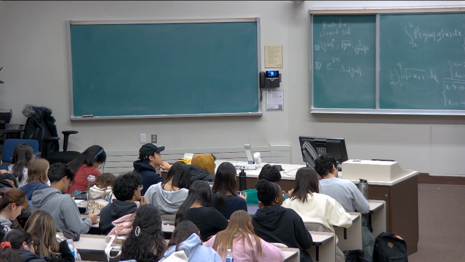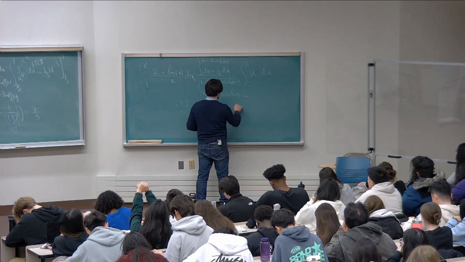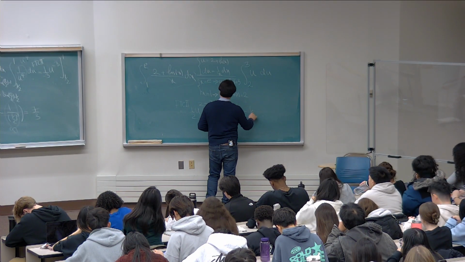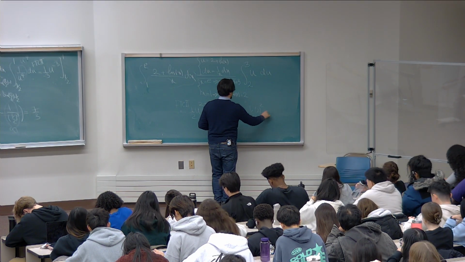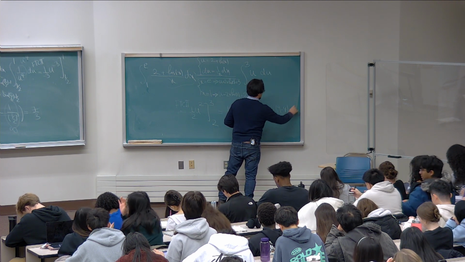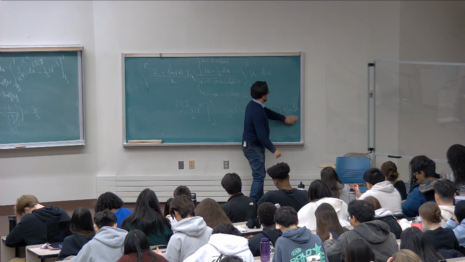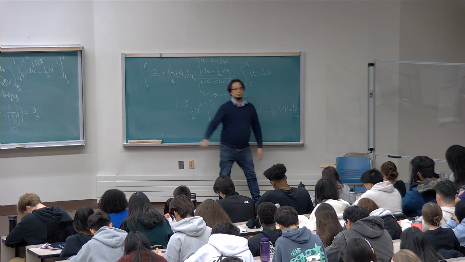And that is half of 3 squared minus half of 2 squared. That is 9 over 2 minus 4 over 2, which gives me 5 over 2.